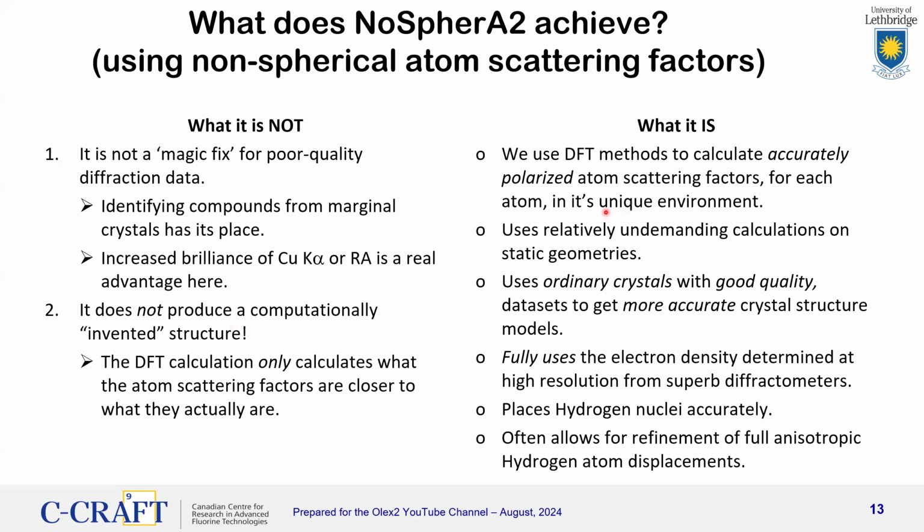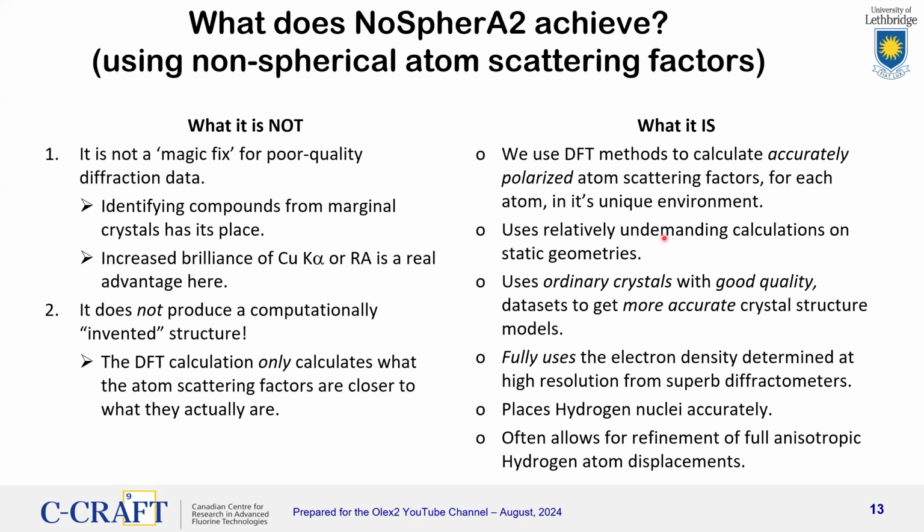Now, in doing so, we can use relatively undemanding calculations. We can use the easier and faster versions of DFT, and most importantly, we work on the structures generated by X-ray crystallography. We are not doing the time-consuming optimization, the multiple cycles of optimizations used in ab initio structure calculation.